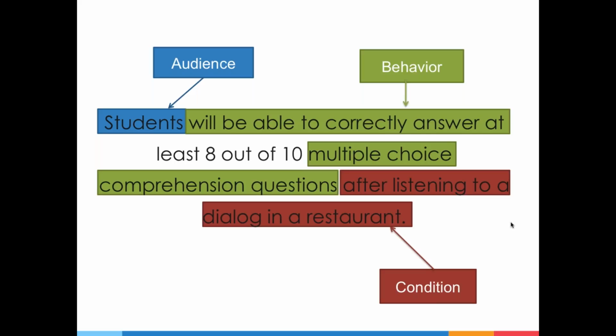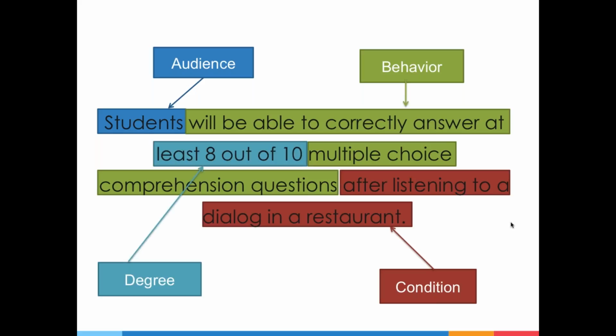But before we get to the degree, we need to understand that we want this to happen after listening to a dialogue that occurred in the restaurant. And the degree is we want them to be able to answer at least 8 out of 10 questions. So I hope that the A.B.C.D model is becoming clearer to you.